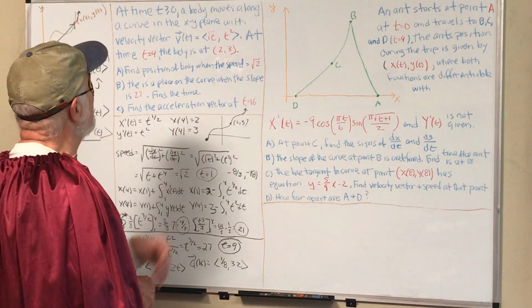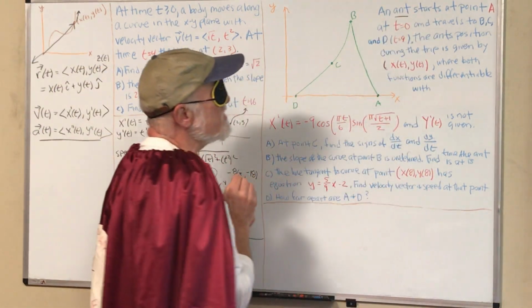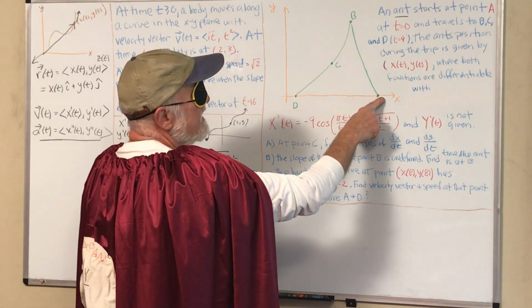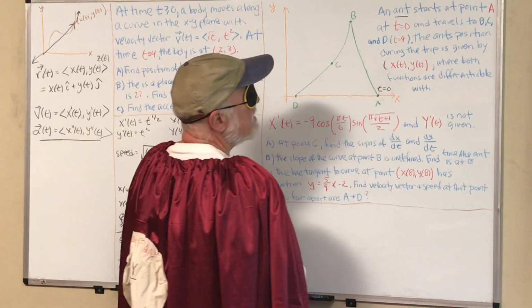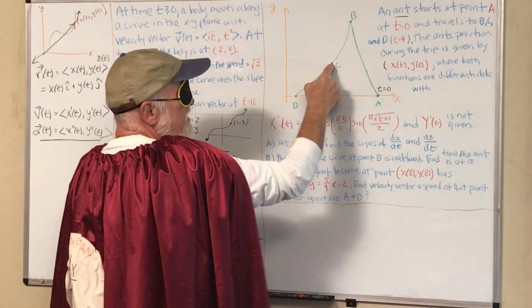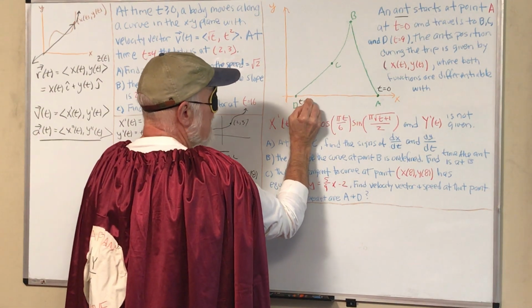Okay, well, instead of a body, this time we have an ant who starts at point A at time 0 and travels to B and then to C and then to D, and it gets here at time 9.